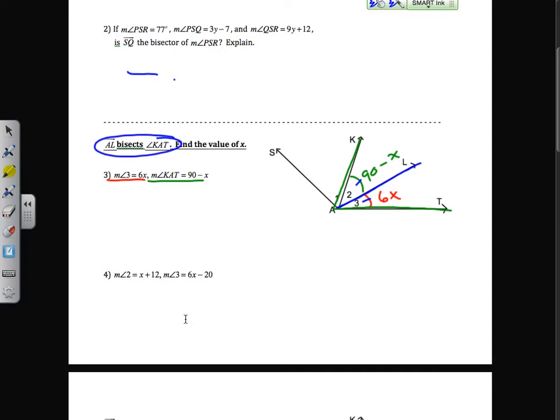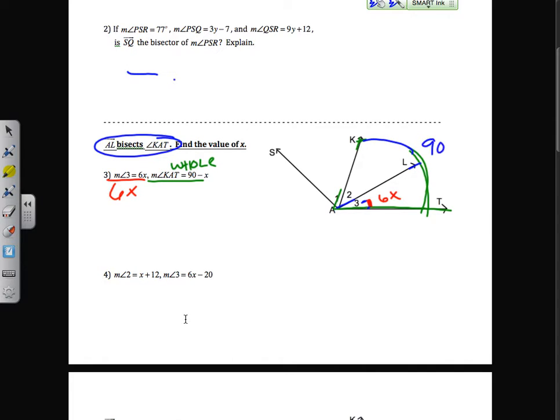Oh, when I drew 90 minus x, that's this whole thing, right? This is a whole, from here to here, and then this is just a part, 6x. So really I should have drawn this in blue or something. I know these two things are congruent, but the 90 minus x is for the whole thing.